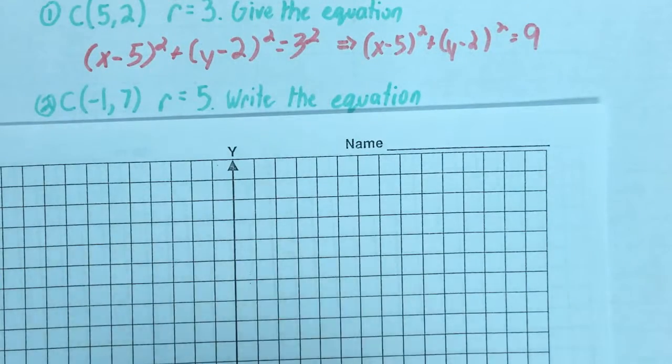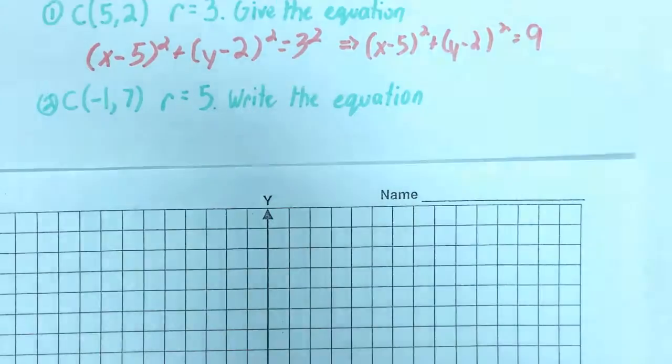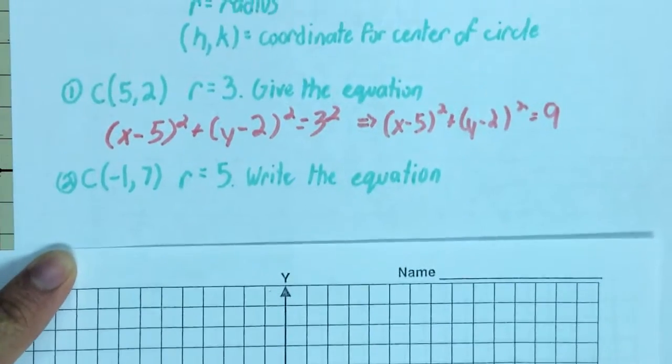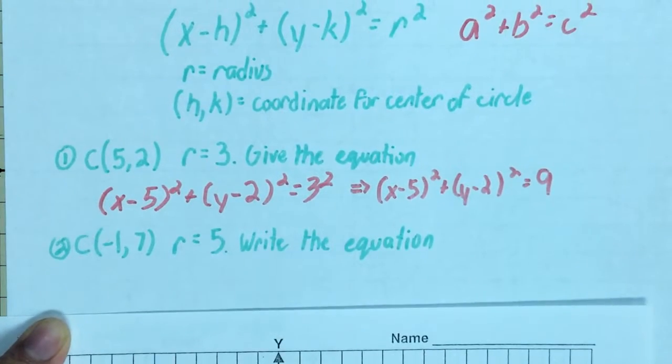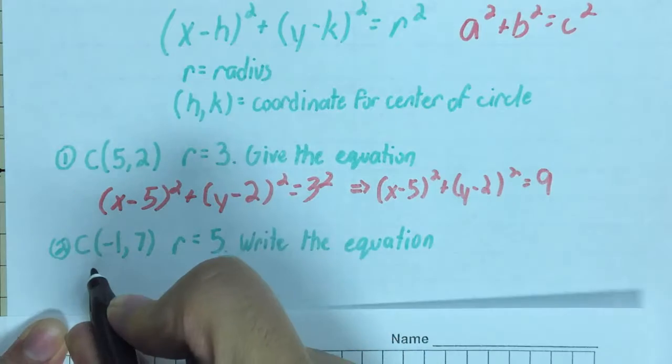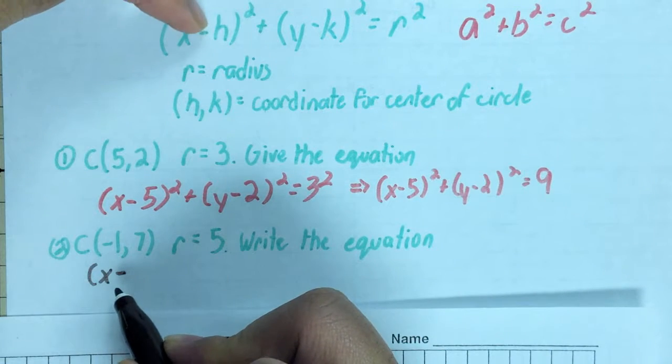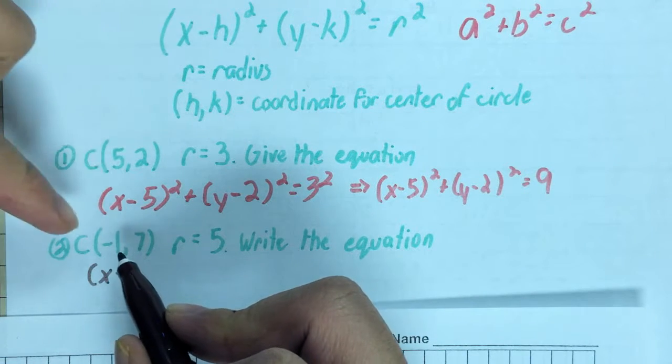Right, next example, number 2. So here's my equation still. I have x minus, and then your sign here is a negative.